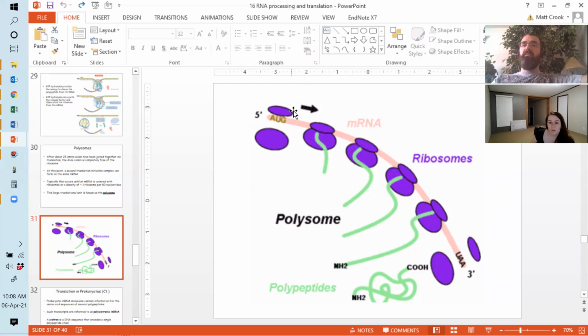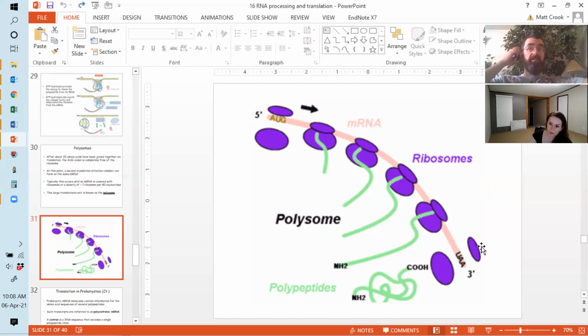As soon as that ribosome has moved off the start codon, another one can assemble. As soon as that's moved off, another one, and another one, and another one. So you get these ribosomes spaced apart on the mRNA by about 80 to 85 base pairs.